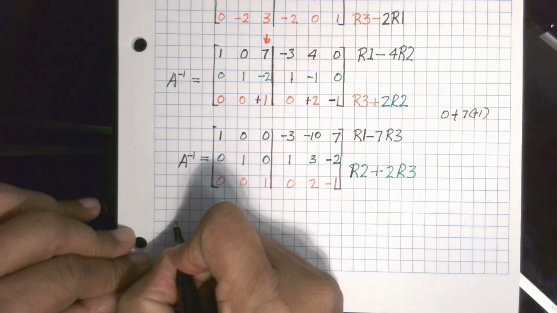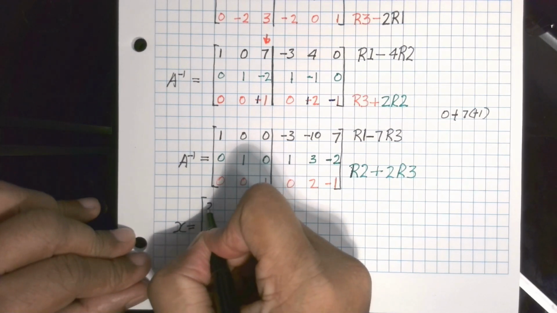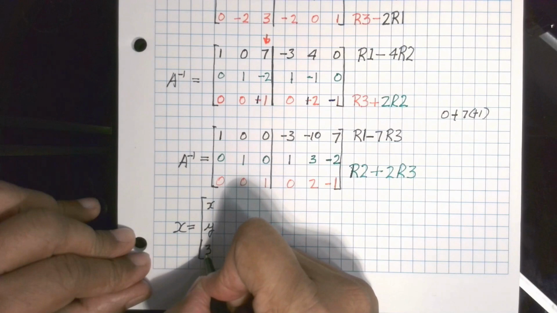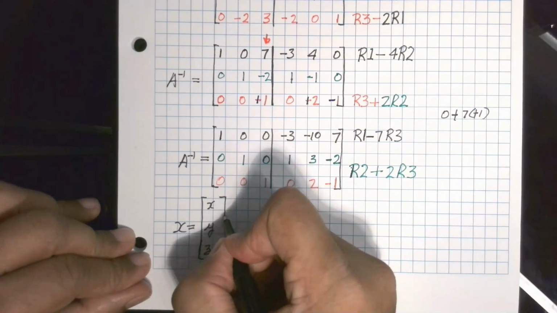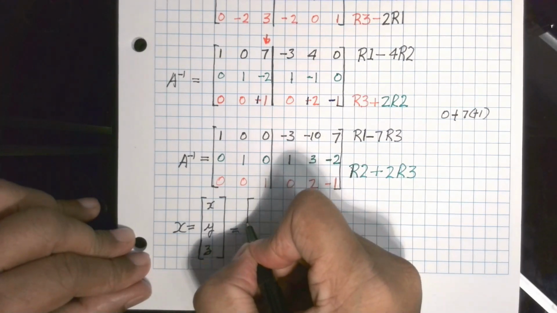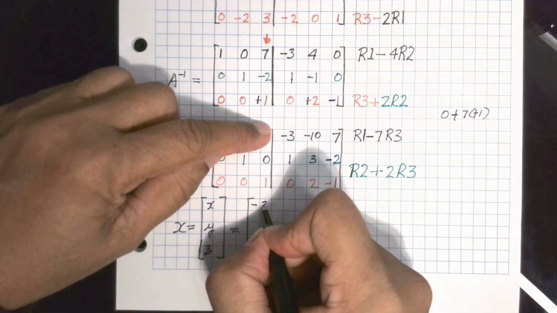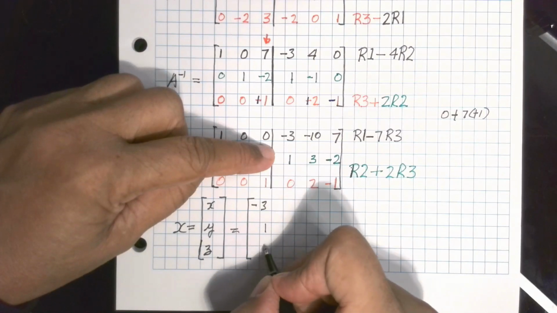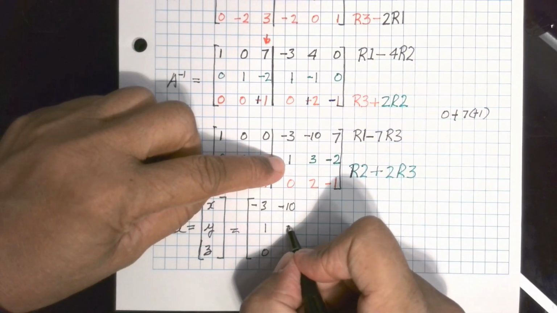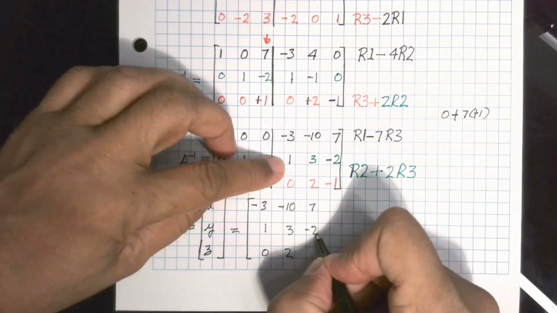We know that x, y, and z is equal to the inverse matrix, which is this guy here, minus 3, 1, and 0, and minus 10, 3, and 2, and 7, minus 2, and minus 1.